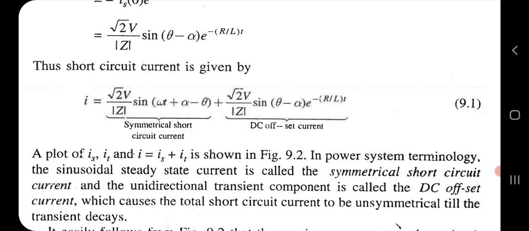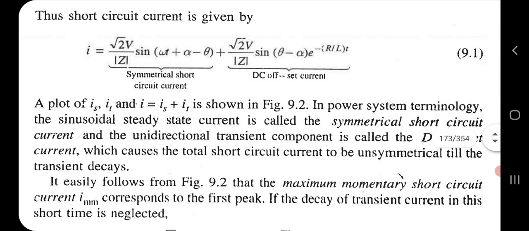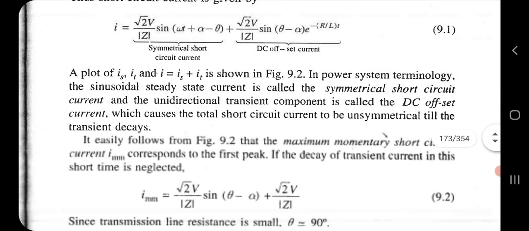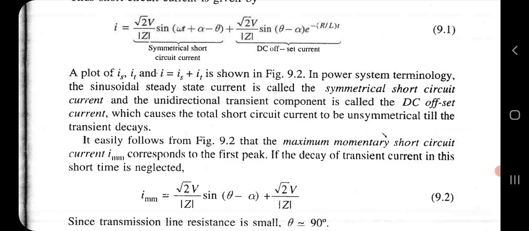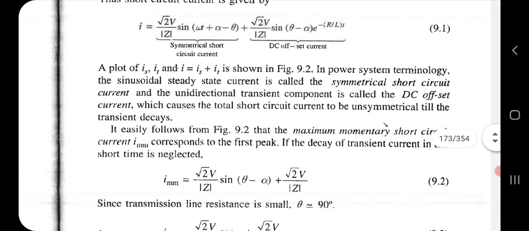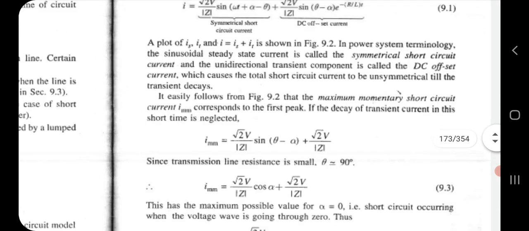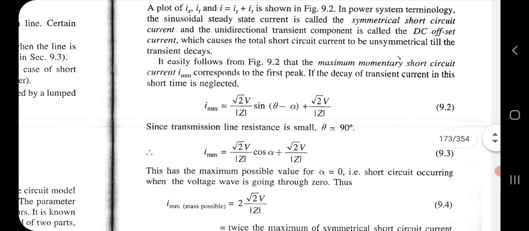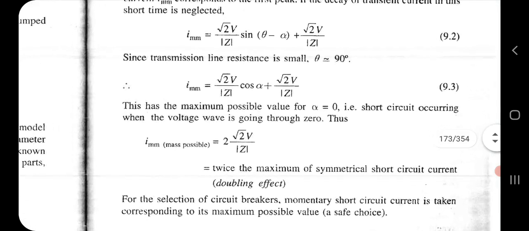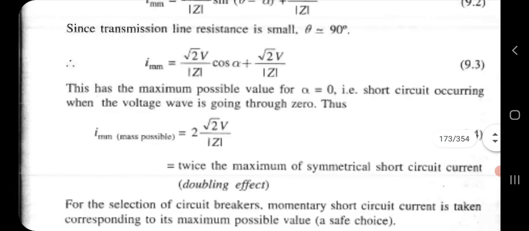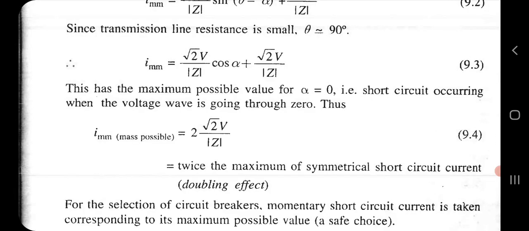As time passes during the short circuit, this current reduces to a larger extent. Here we get only one formula: I_MM equals root 2 V divided by Z, which is nothing but twice the maximum of the symmetric short circuit current.